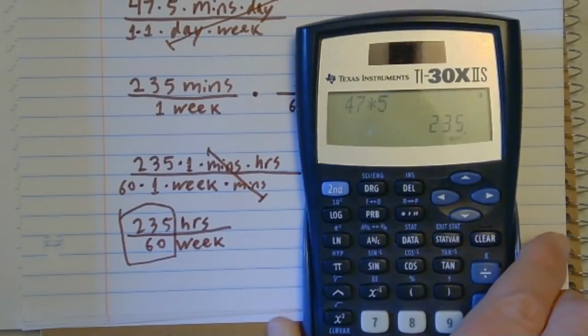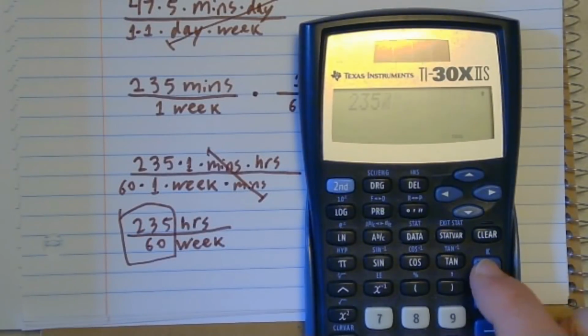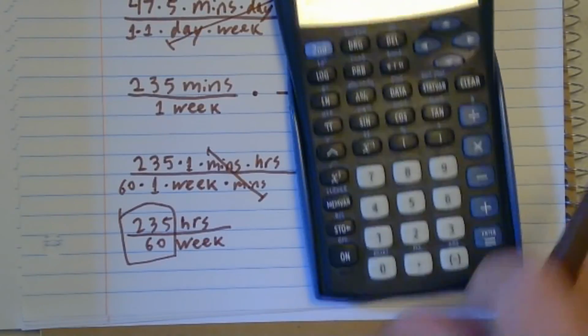Because we assume you have calculators, we can ask you more interesting questions. I would not expect you to sit here and do long division with this kind of problem. Many of you could, but it's not a great use of your time in an algebra class to do that. So I just put this question into my calculator. I find out, oh, it's kind of an ugly number, but that's okay, I can deal with it.